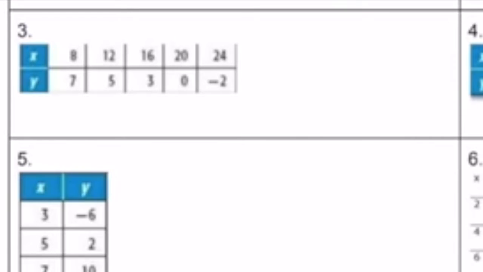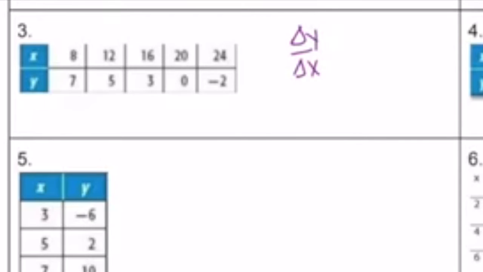Example 3. Again, we are looking for the change in y over the change in x. Be careful of how your table is laid out. We were looking at vertical tables where the y value is on the right and x is on the left. Now it's horizontal where x is on top and y is on bottom.